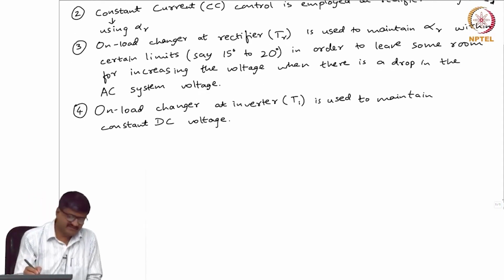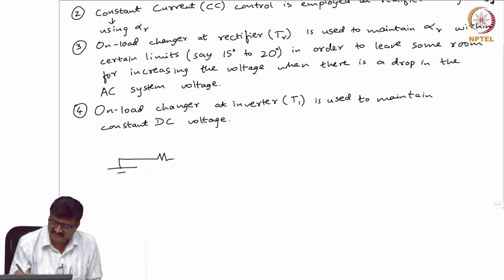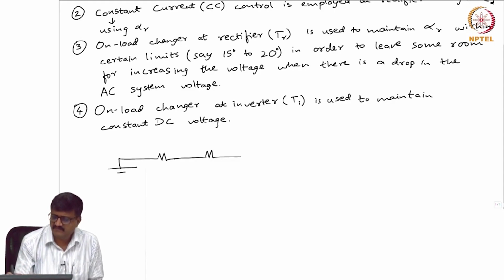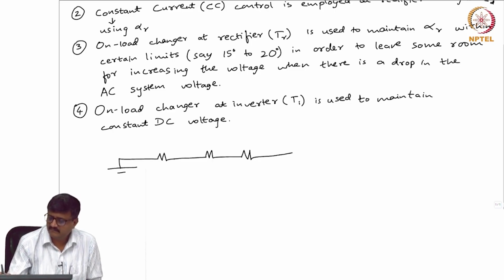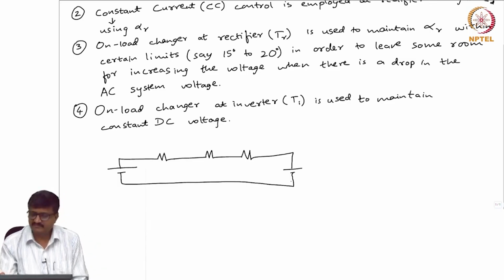Now let me just redraw the circuit that is applicable for the DC link. So we derived this circuit. See, this is just an equivalent circuit which represents the equations governing the system.